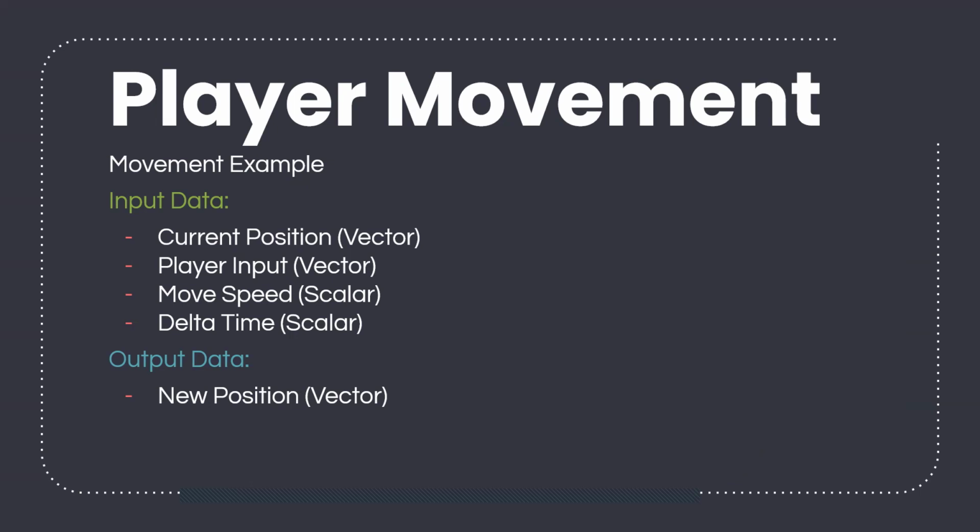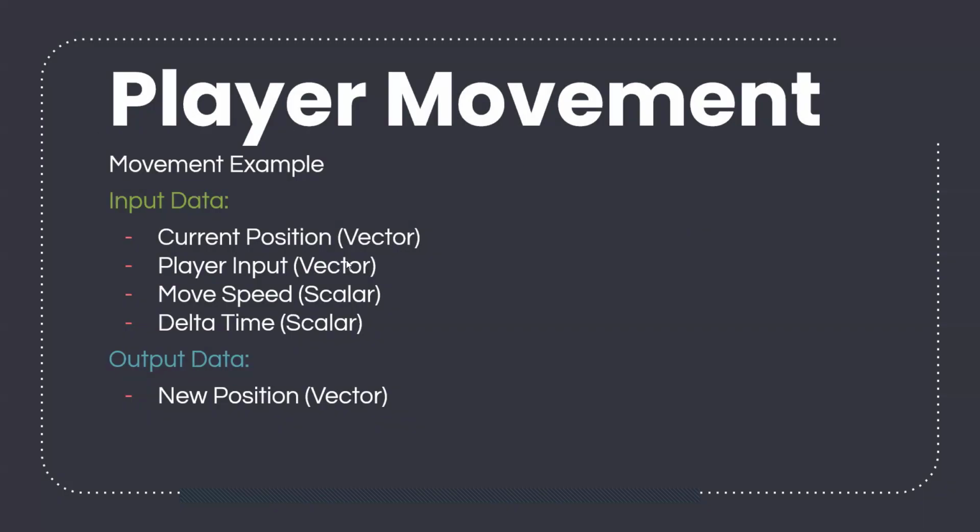We want to grab where we are right now, and then some information like what keys our player pressed, our move speed, which is a scalar, and the time that elapsed in the past frame. And then for output, we'll probably want to send off our new position so we can actually set that to our player. So it's kind of like you're passing information in and then passing it out, and that's your implementation of your functionality.